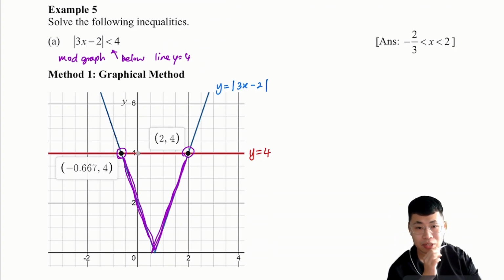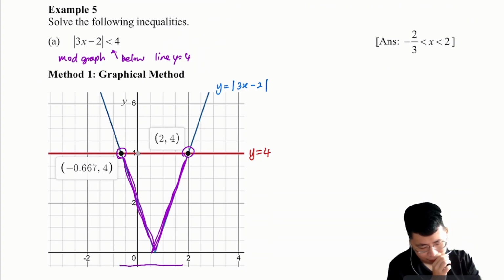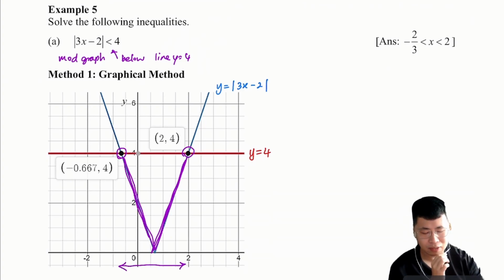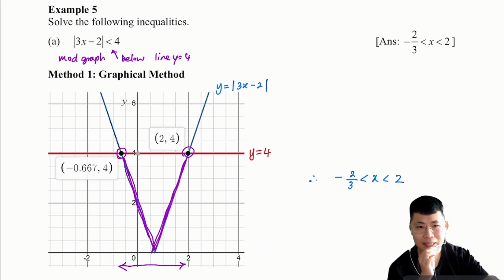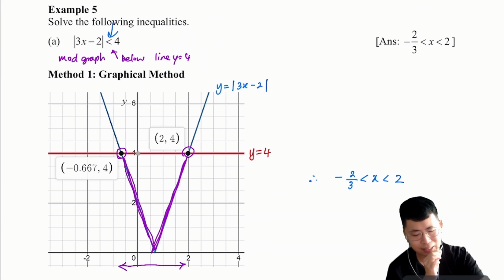This region is the one that we're looking at, but we have to look at the x values that will give this region. It will be between -2/3 and 2, and it cannot be equal to these two numbers because of this.